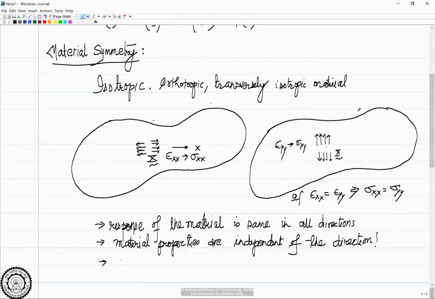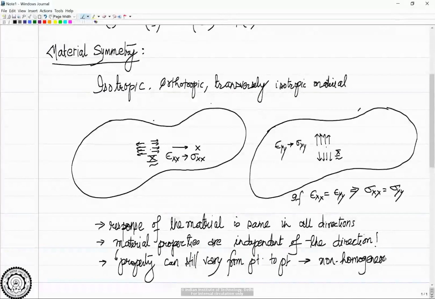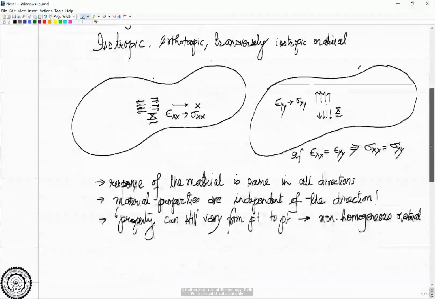Okay, so I'll just make a remark that the material property can still vary from point to point, in which case they are called non-homogeneous material. So a non-homogeneous material can also be isotropic.